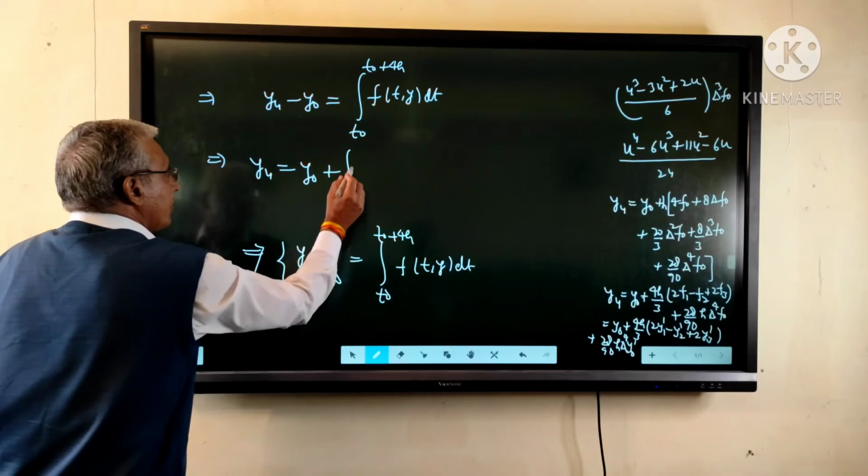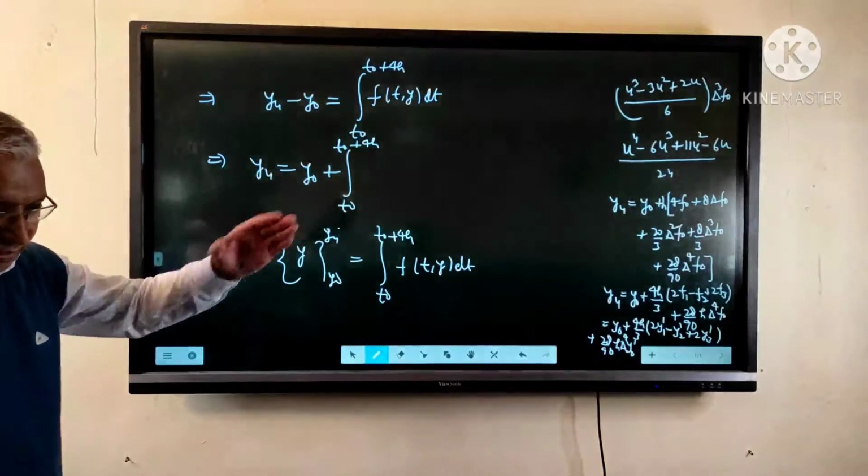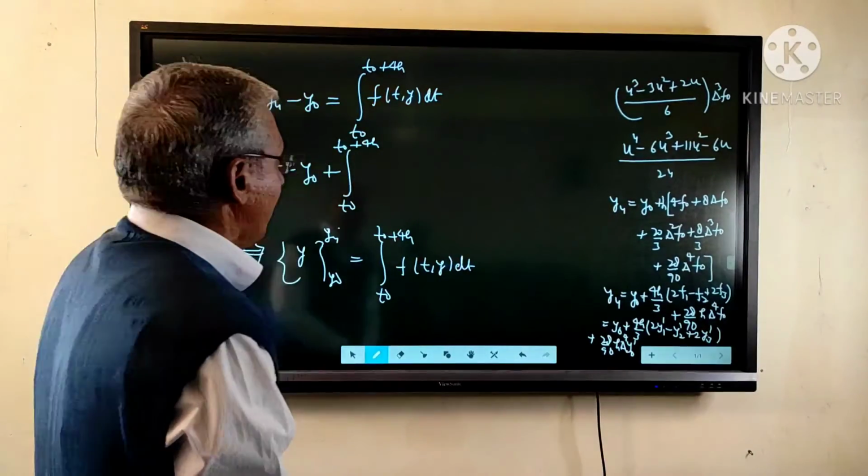Now we use Newton's forward difference formula.